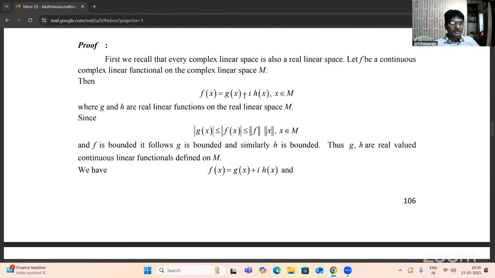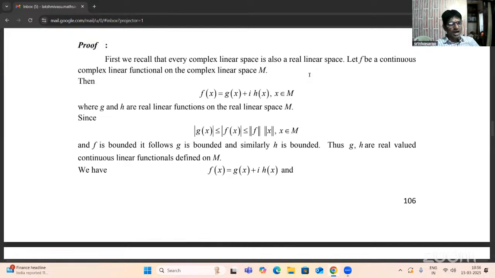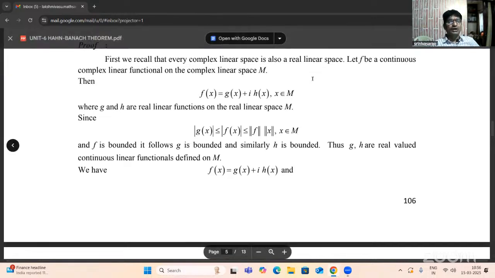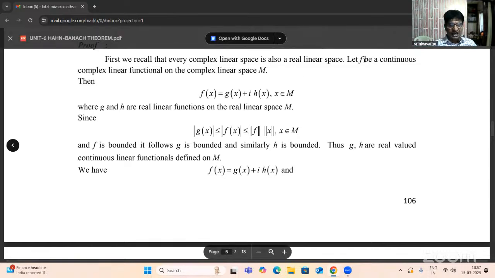Here recall every complex linear space is also a real linear space. There is no doubt. Already in the above lemma, we have derived for real linear space the continuous linear functional part, and both norms are equal, the extended linear functional and norm f naught equal to norm f. Now we will see that the complex linear space is also a real linear space, and we are taking the continuous linear functional small f.